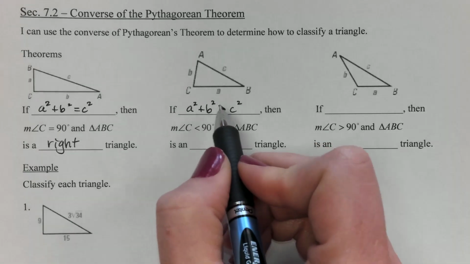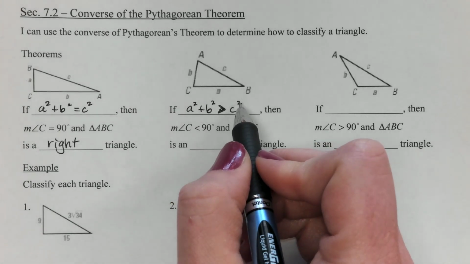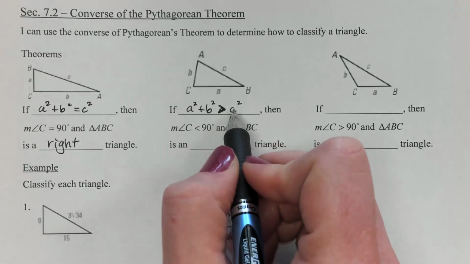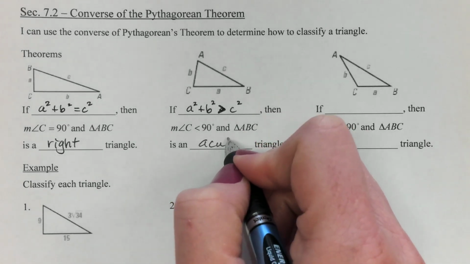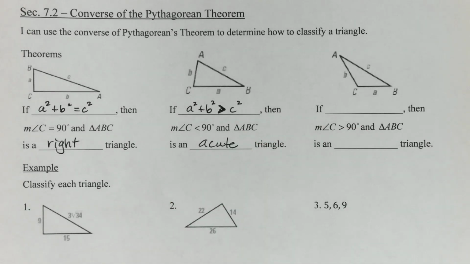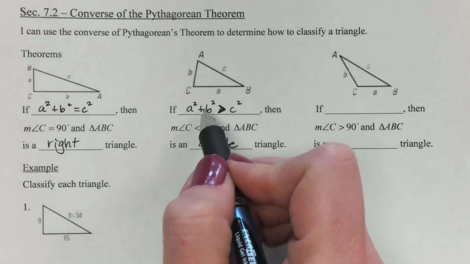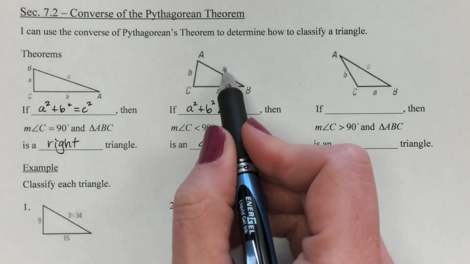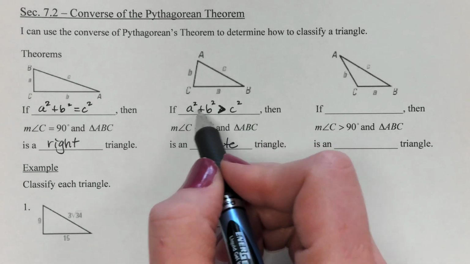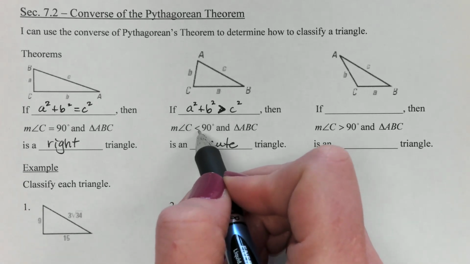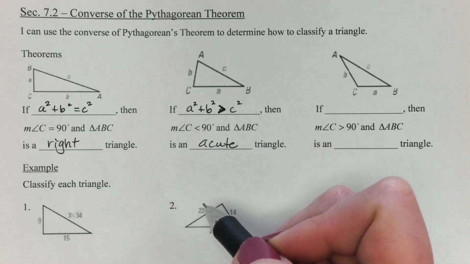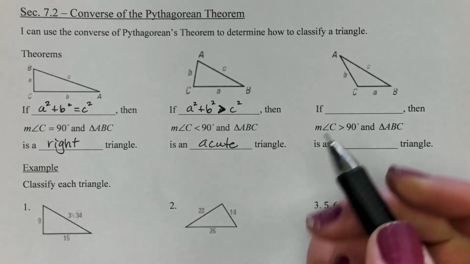So if your two sides are bigger than your hypotenuse, so if the sides beat the hypotenuse, then that's an acute triangle. Sorry, I did the wrong one first. If your two littlest sides are bigger than your third one, then your angle is less than 90, and you have an acute triangle.